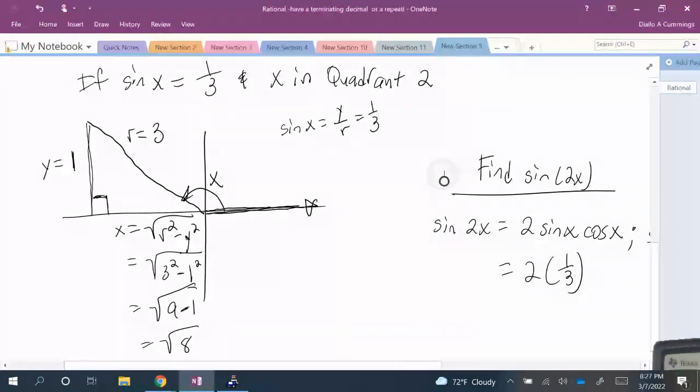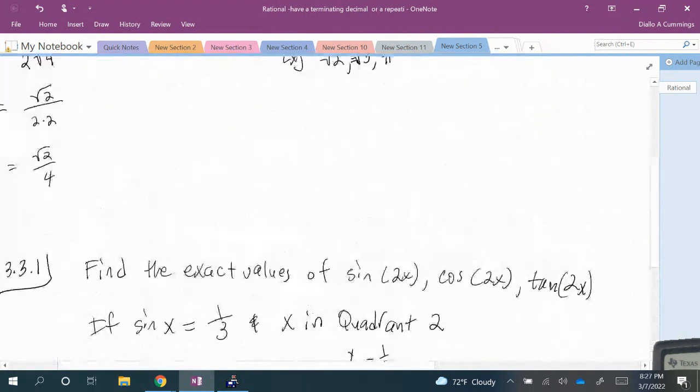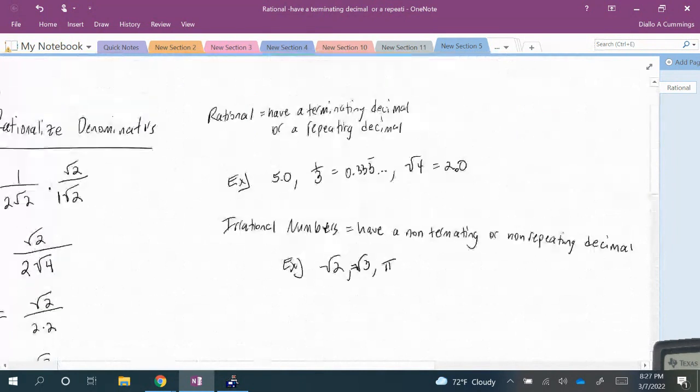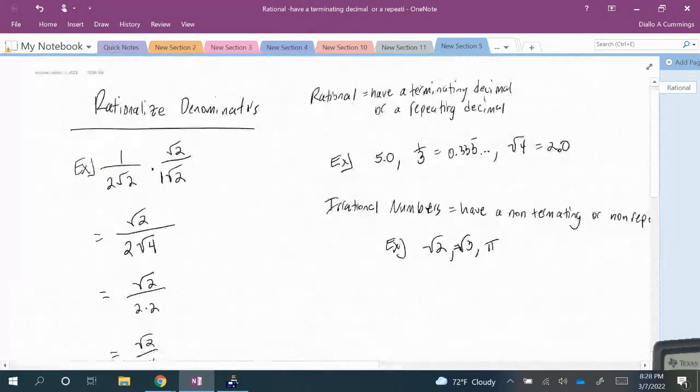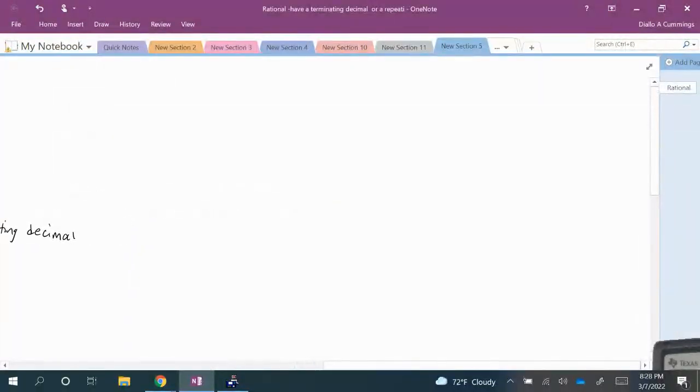I'm going to go back. I'll give you a minute to copy this down, and I'm going to review how we would simplify the square root of 8, because you must simplify all radicals. So I'm going to go back up for a second, and I'm going to do that over here.